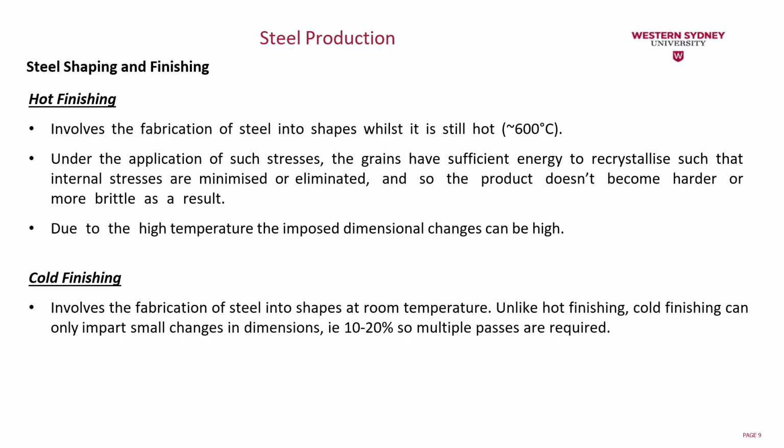Something like 0.5 or 0.6 of the melting temperature is called the recrystallization temperature. That makes the material very ductile and very soft, and then we can shape it. In cold finishing, because it remains cold, it's harder to shape, and thus the maximum dimension change achieved is something like 10 to 20%.